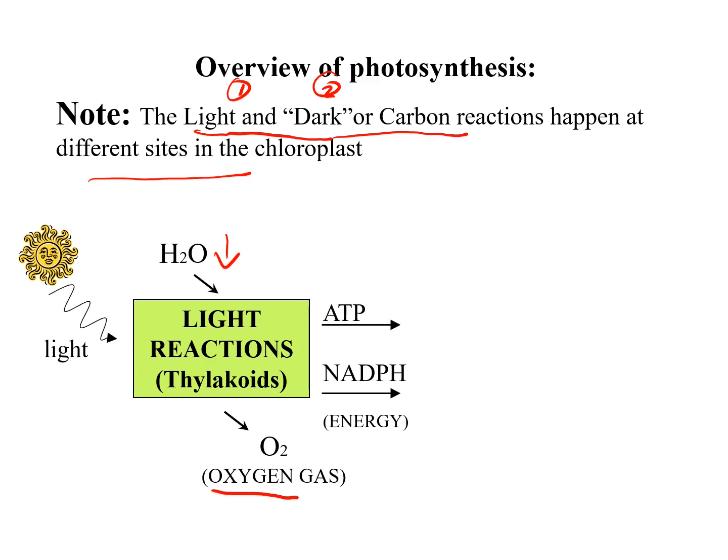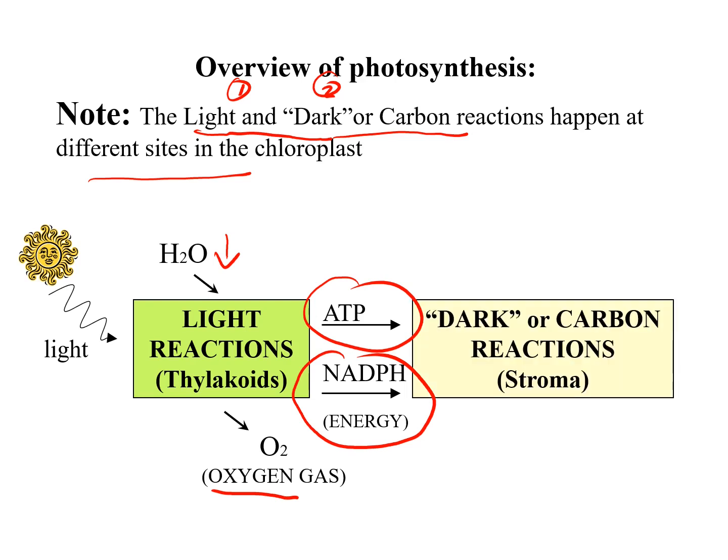The key products of this will be ATP and NADPH, and this will be very important. Why? Because this will be used later to produce glucose. Later, you have this dark or carbon reaction that takes place in the stroma. It requires CO2 that will be fixated, and as a result, the product will be glucose.